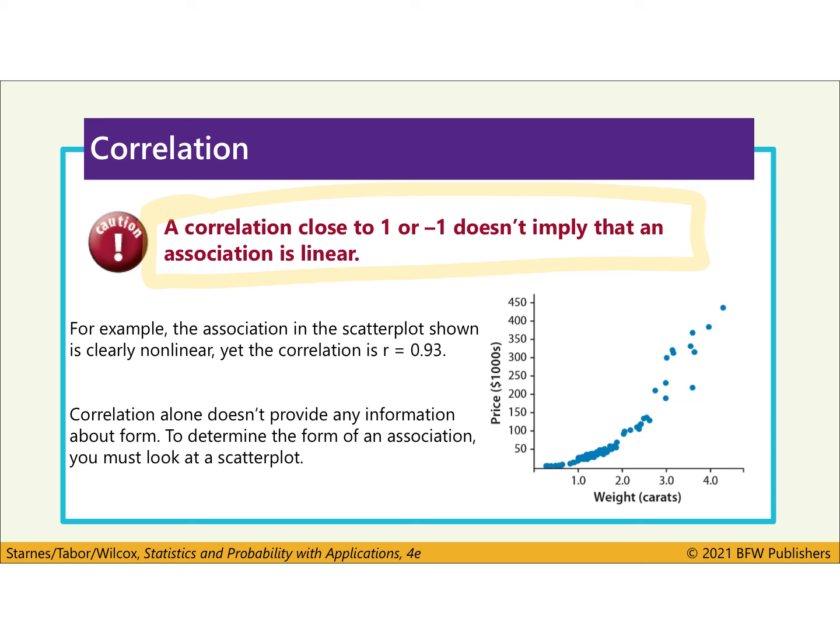It has a correlation of 0.93, but it's clearly curved. So correlation alone does not provide information about form, which is why it's always important to look at the scatter plot. So we have to look at the picture and the numbers, not just the numbers.